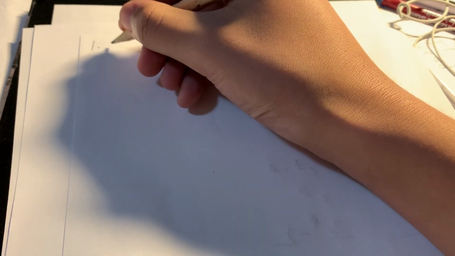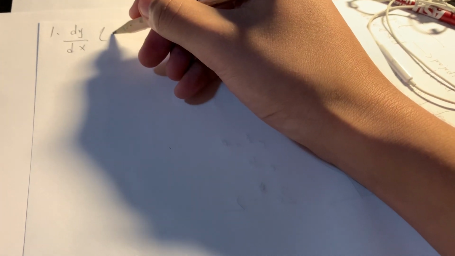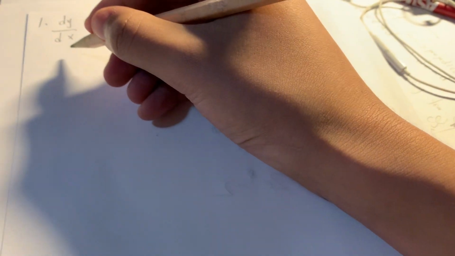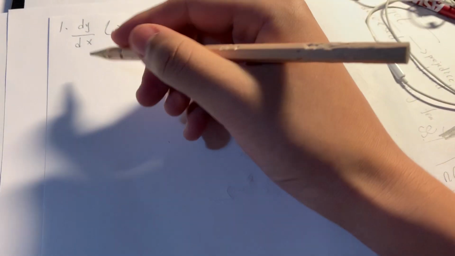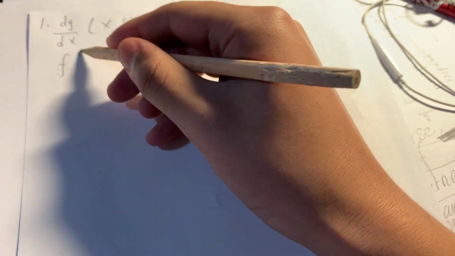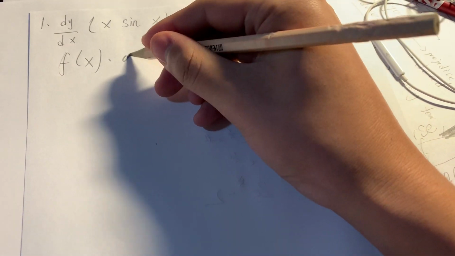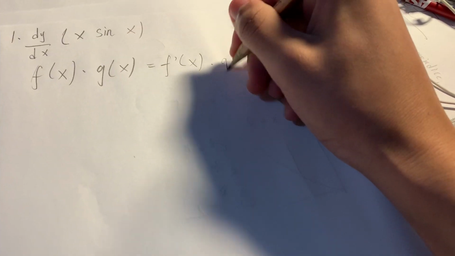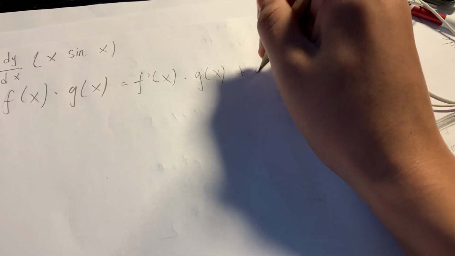First problem. It asks us to find the derivative of this function, which is x sine x. The way we are able to find it is by using the product rule. When we have f(x) times g(x), the derivative is f'(x) times g(x) plus g'(x) times f(x).